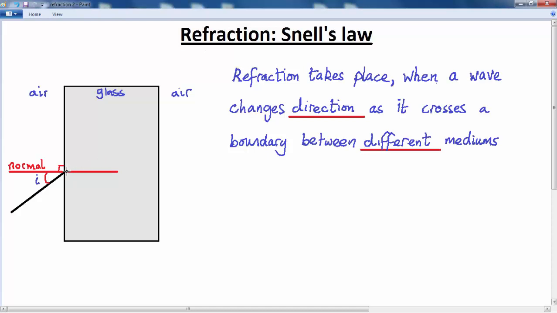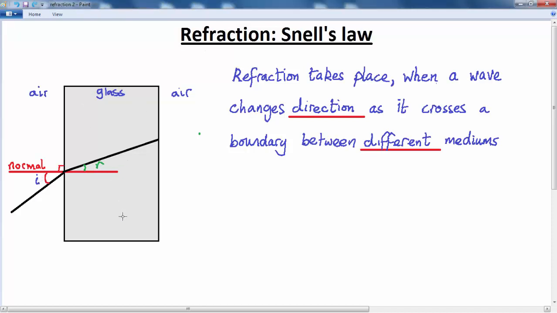So the light ray is then refracted, and you'll notice that when it's refracted it changes direction, and so we call the angle between the normal and the refracted ray R, or the angle of refraction. Now you'll notice that whenever the light ray passes from a less dense medium such as air to a higher density medium such as glass, then the angle of refraction is always less than the angle of incidence.